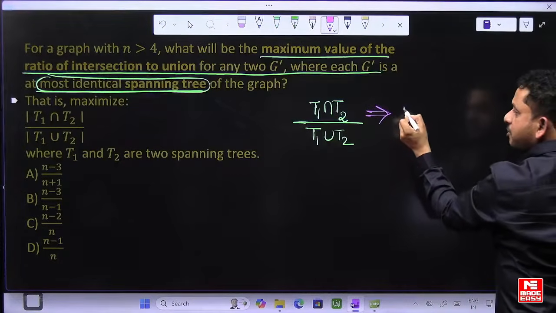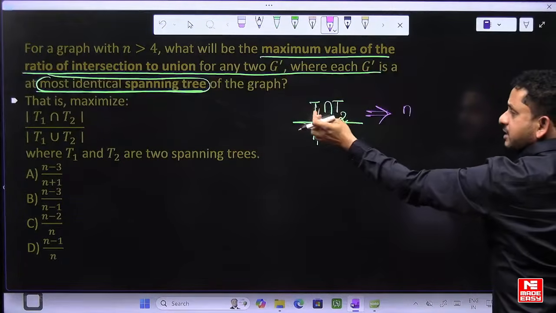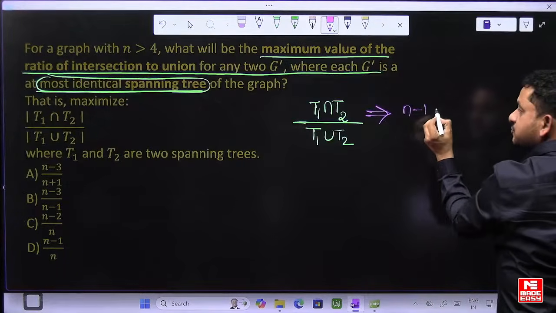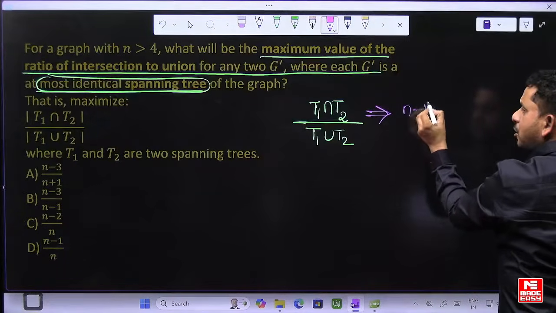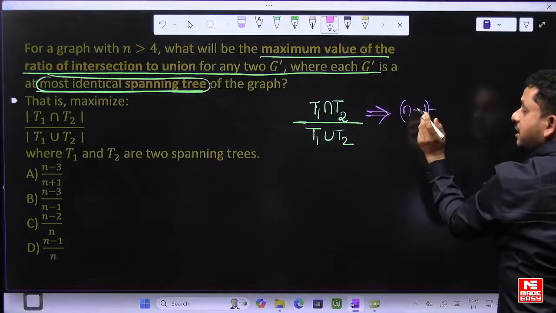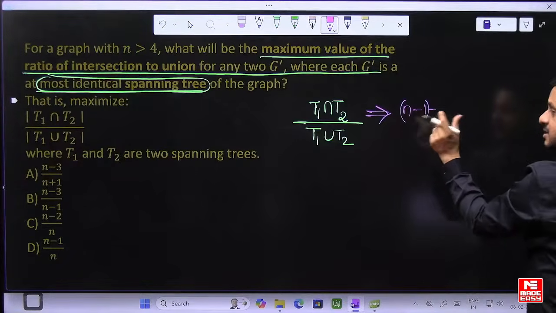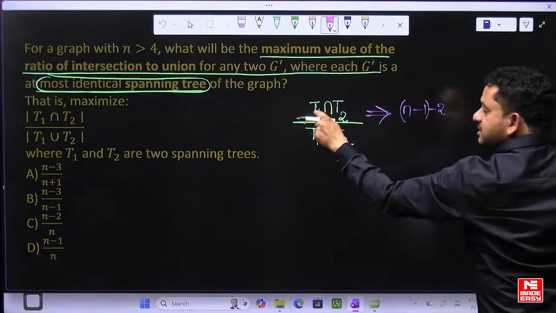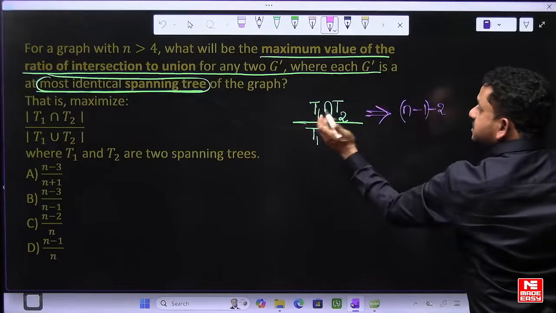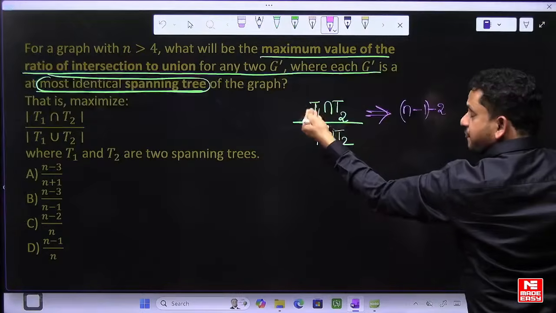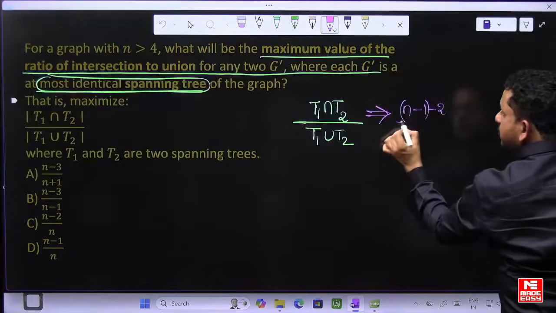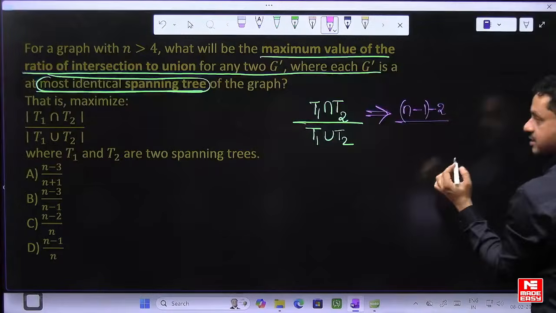If only one edge is different, that means overall there are two different edges. So out of the n minus 1 edges of the two spanning trees, two edges are subtracted. One edge different from here means overall 2 edges are different. That is the numerator, and the denominator is the union.